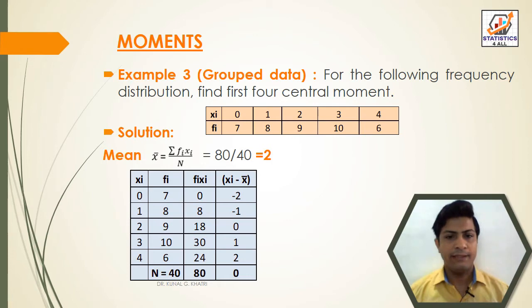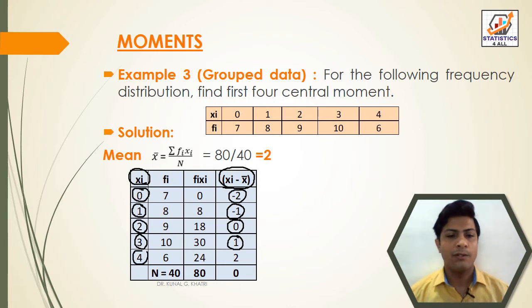After finding the mean, we will find xi minus x bar. Your xi is here. So 0 minus 2 is equal to minus 2. 1 minus 2 is equal to minus 1. 2 minus 2 is equal to 0. 3 minus 2 is equal to 1.